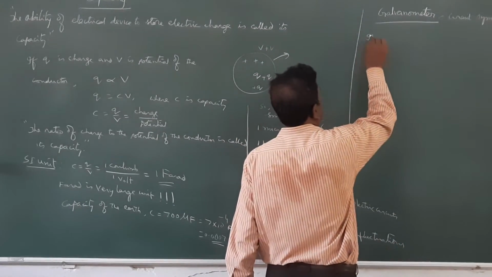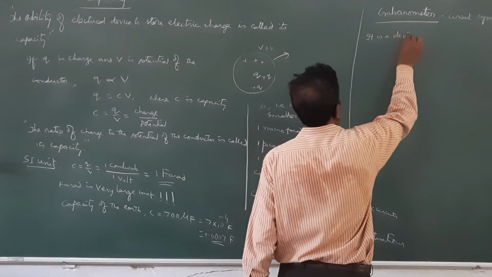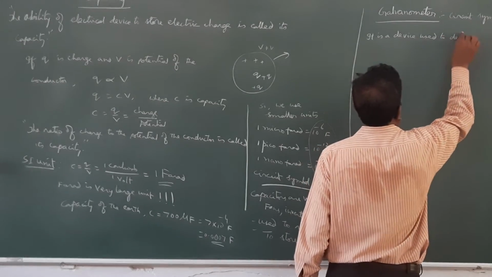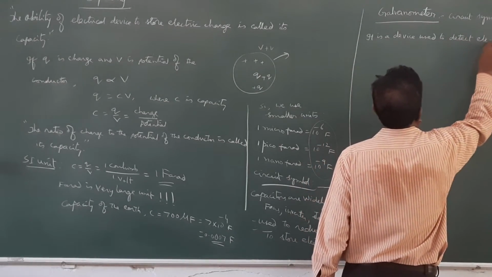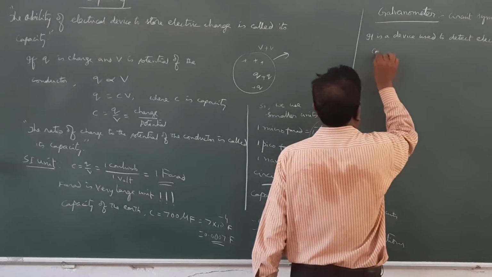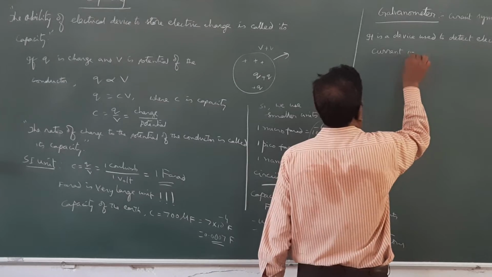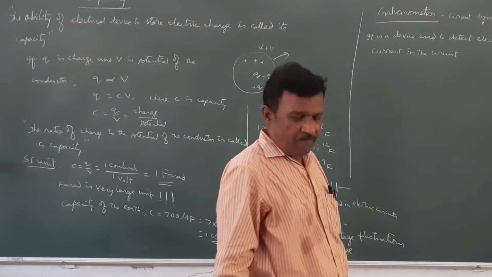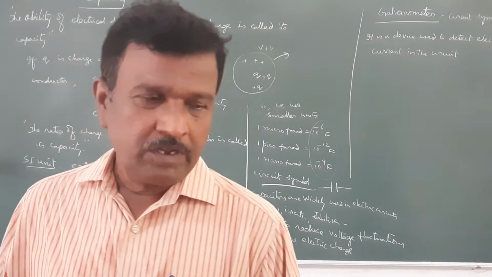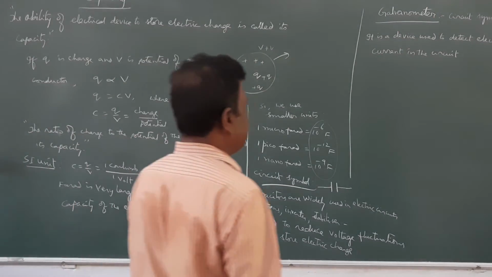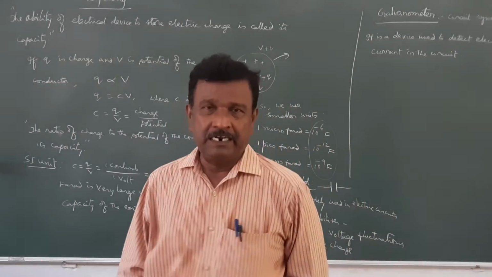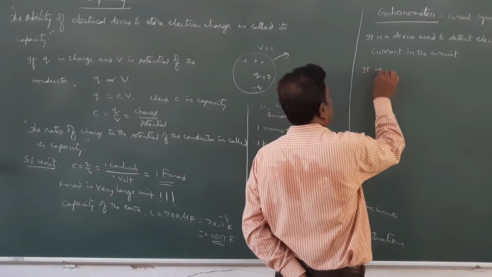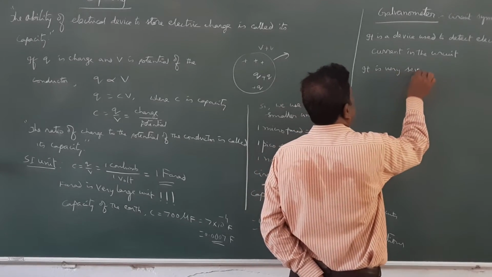It is a device used to detect electric current in the circuit. If electric current is passing through the circuit, then when the galvanometer is connected, it gets deflected. It is a very sensitive device.